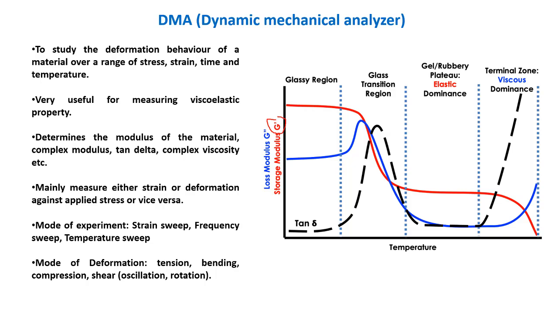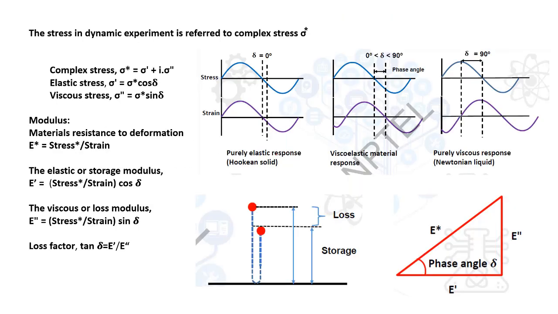So for a dynamic experiment, we have a complex stress. So complex stress is the mixture of elastic stress and viscous stress. So sigma dash is the elastic stress, and sigma double dash is the viscous stress, and it is shown like that. Suppose delta, if you see this diagram, delta here.